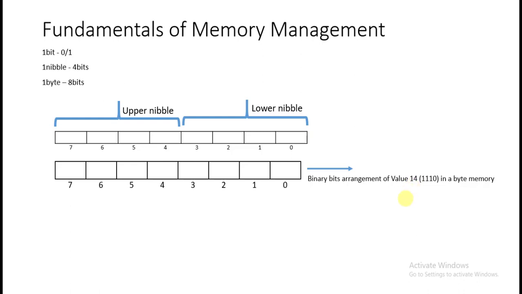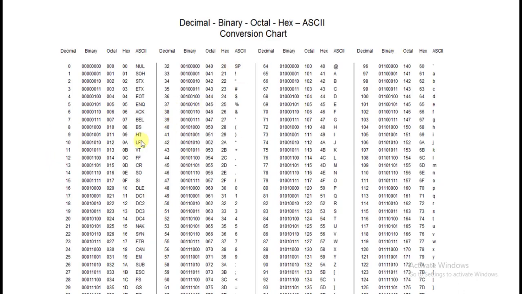But I am sure by experience you will be able to do this without calculator. Now let us see how this 14 value will be stored here in this byte. See here 0 1 1 1. From lower nibble it is stored 0 1 1 1. By default the remaining bits will have zeros. This is called ASCII table.